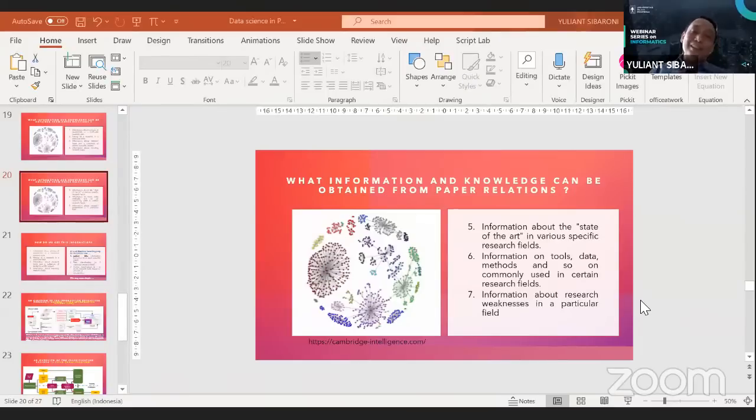Yes, there is research about that, paper identification classification by Wang in 2012.